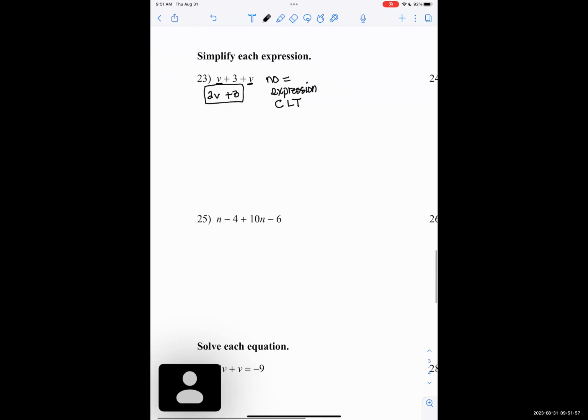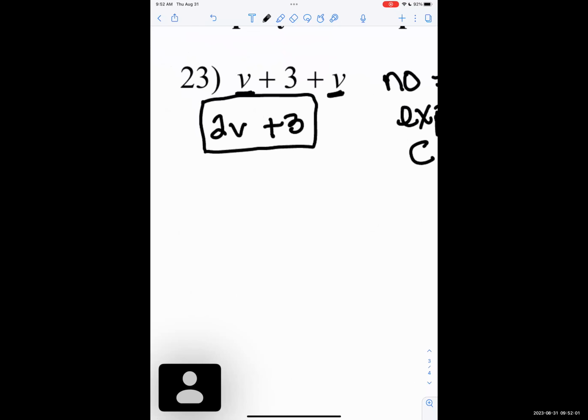And when we add variables, the coefficient, okay, so let's just talk about this. V plus V is 2V. V times V, what happens when I multiply variables? That's when we get the exponent. Nice, even used a little caret.